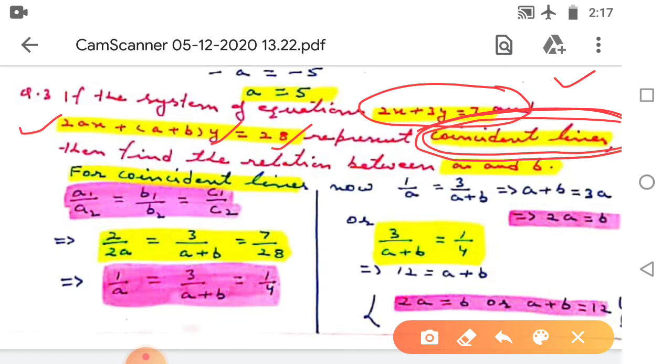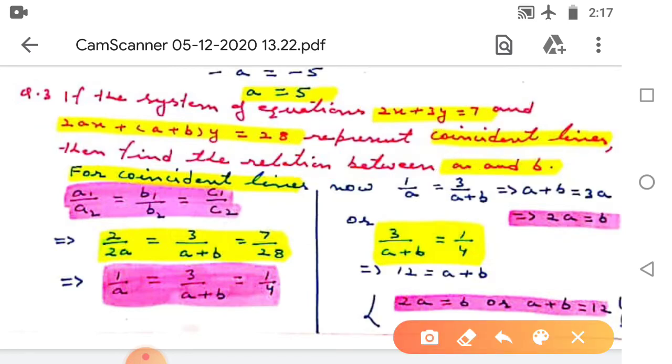In that case, we need to find the relation between a and b. Clear? Now, for coincident lines or for infinitely many solutions, the algebraic condition is a1 upon a2 is equal to b1 upon b2 is equal to c1 upon c2.